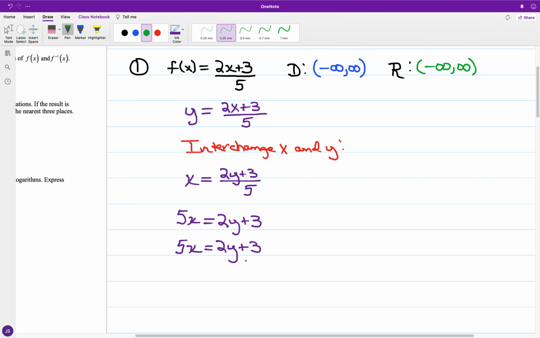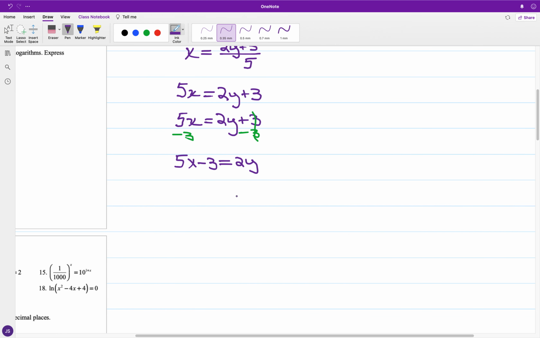So if we look at taking 3 away from both sides, you have 5x minus 3 equals 2y.